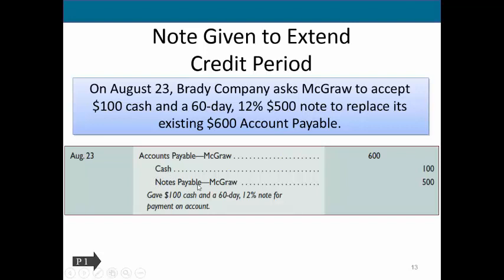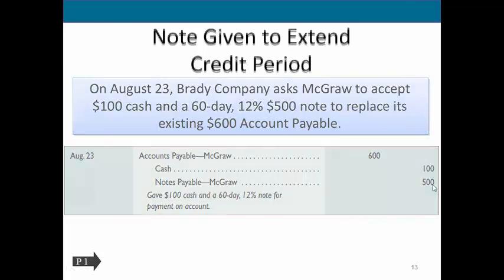It's simply a more formal version of the account payable that we did have. So we show the increase in the note payable, showing that we have this new classification of a liability for $500. Now you can also see we promise that we are going to pay 12% interest on this $500 that remains outstanding.